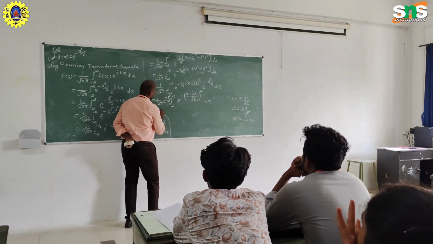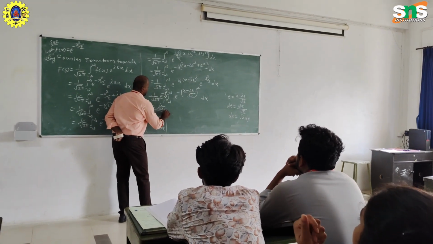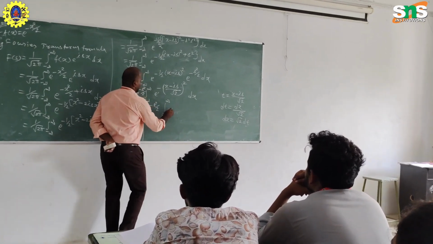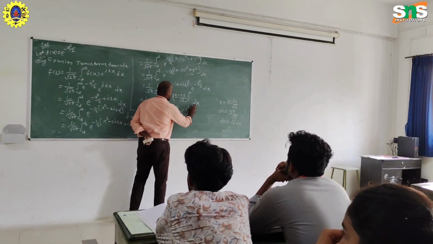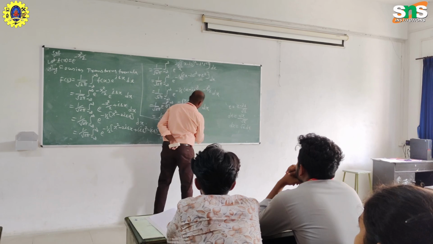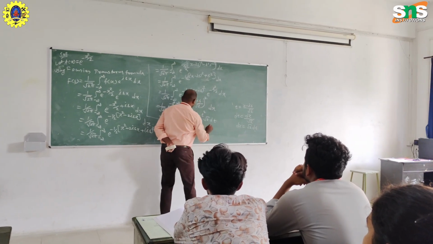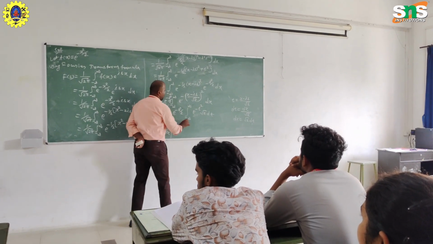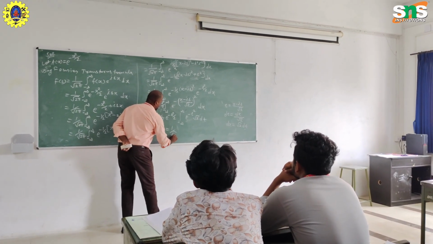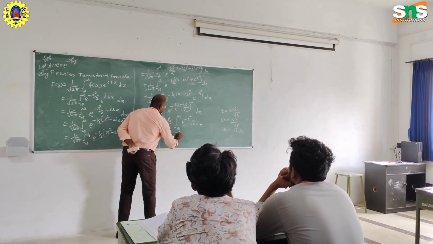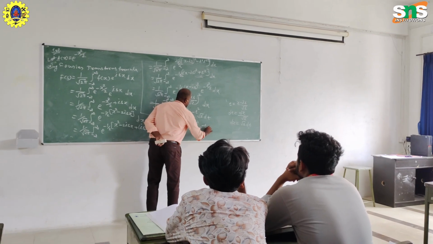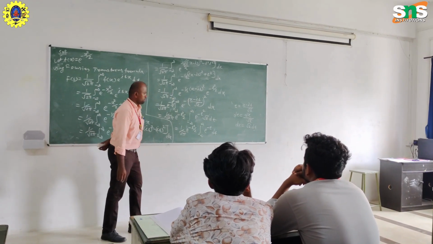Substitute the value: 1 by root 2 pi e power minus s square by 2 integral minus infinity to plus infinity e power minus t square, and dx equal to root 2 into dt. Root 2 cancels: 1 by root pi e power minus s square by 2 integral minus infinity to plus infinity e power minus t square into dt.